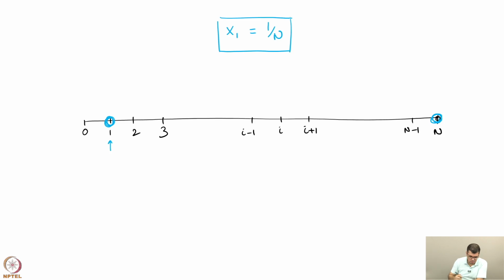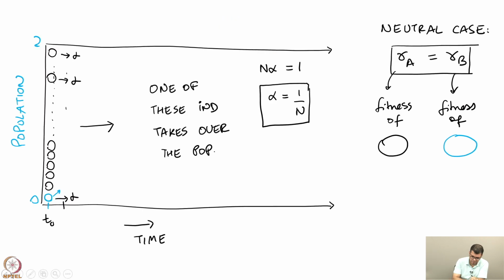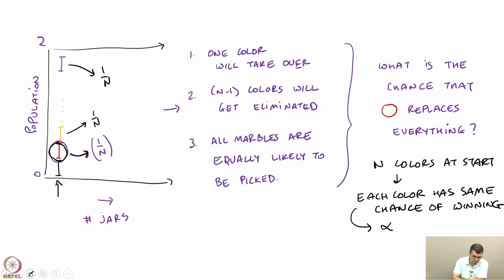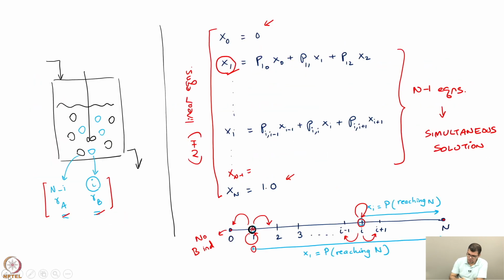This was done more from the intuition that we have from the marbles in a jar example. However, if we solve these equations, which are not very hard to solve but we will not spend the time to actually solve them, the answer we get for x1 is 1 upon n.